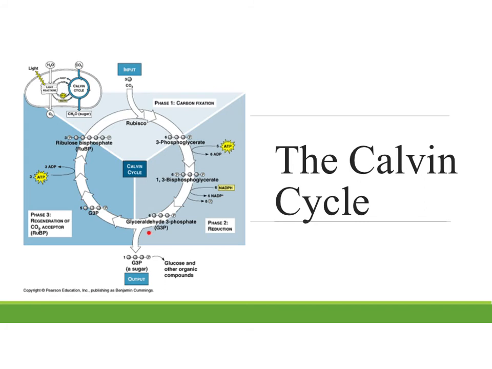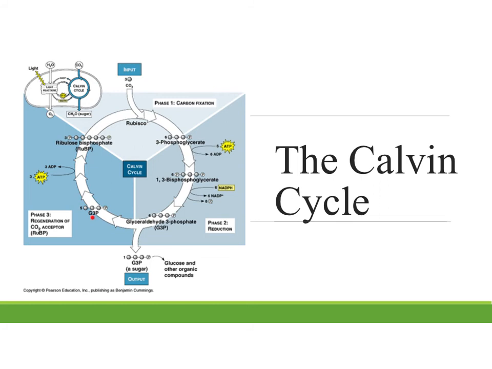From here, 2 of these G3P molecules are going to leave the cycle, and they're going to be used for the production of glucose and other organic compounds.